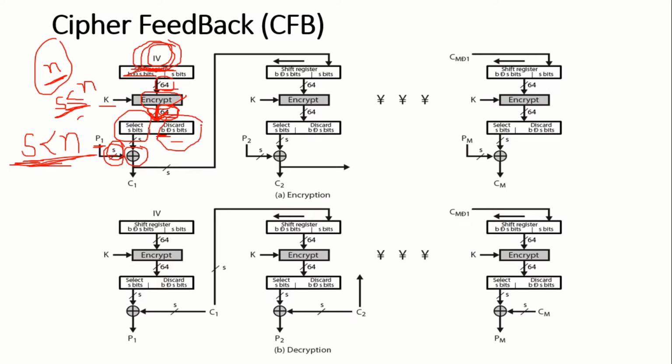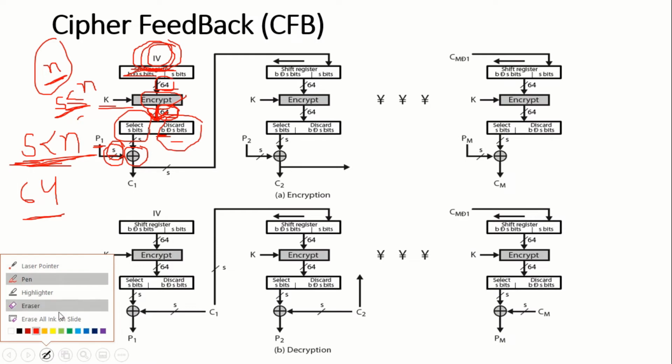Say for example, I'll tell you with an example. Say this initialization vector is of 64 bits. We have encrypted it with the key, and as a result we have got the 64-bit data over here.